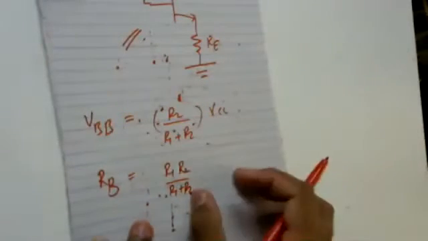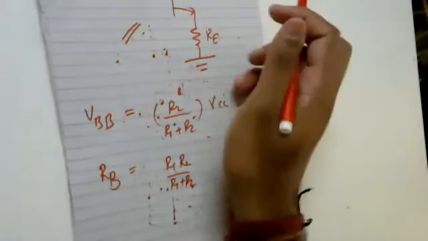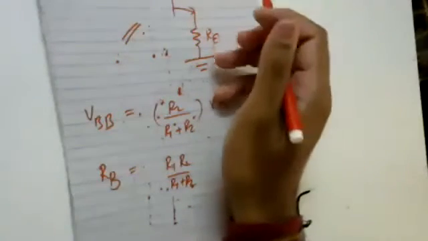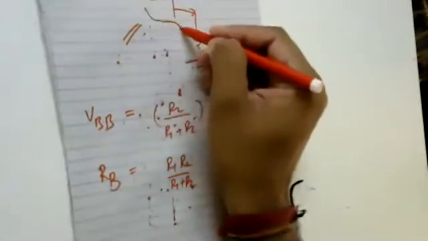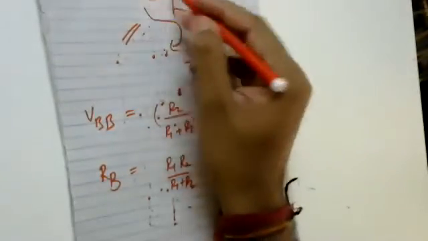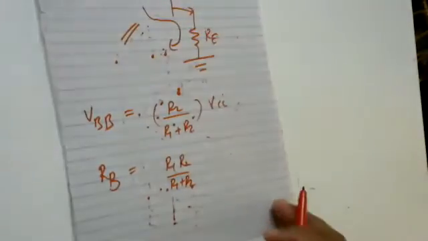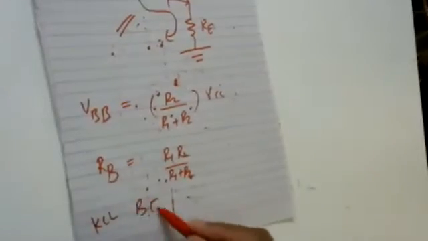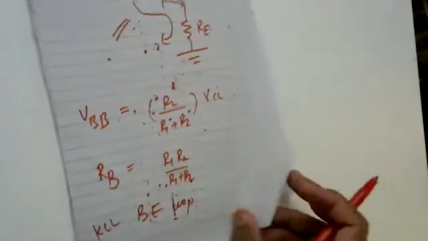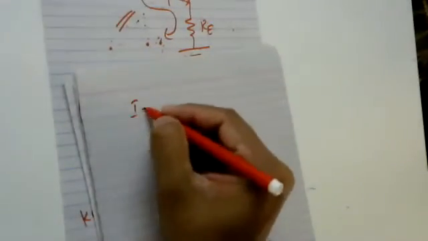Now we also know that when I apply KCL to the base emitter loop, I can write the equation for my emitter current.